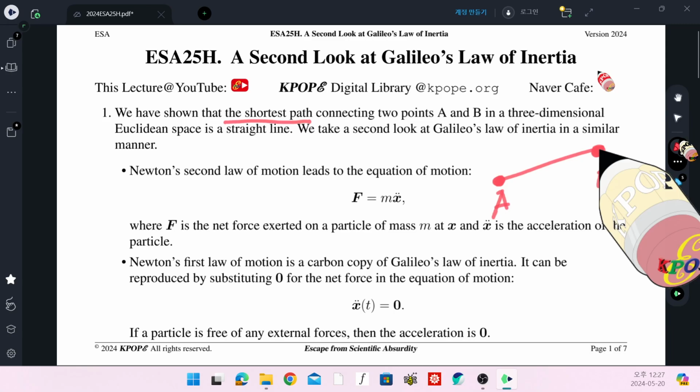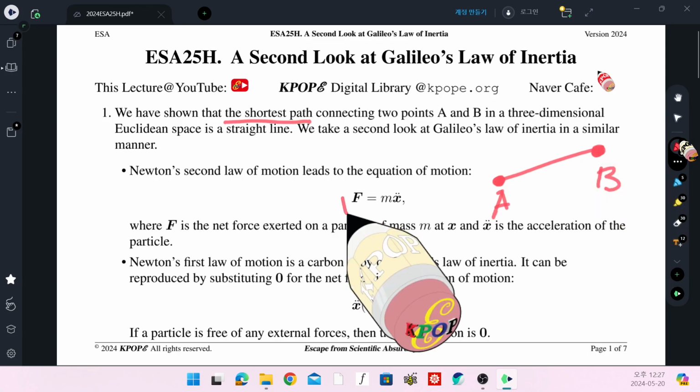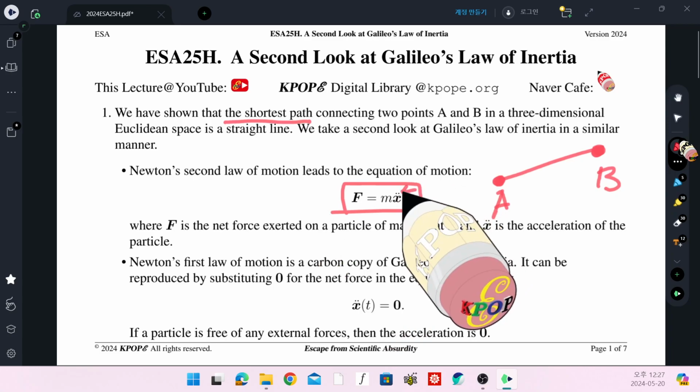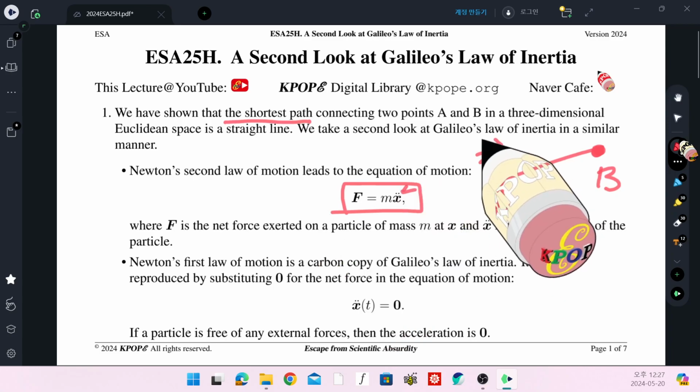In Newton's second law, we remember F equals ma. The net external force applied to an object of mass m produces the acceleration x double dot in an inertial frame of reference.